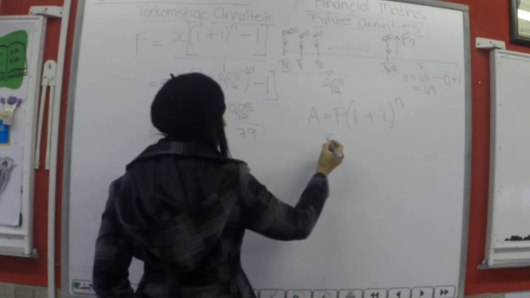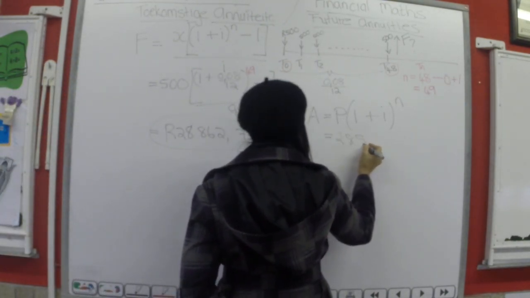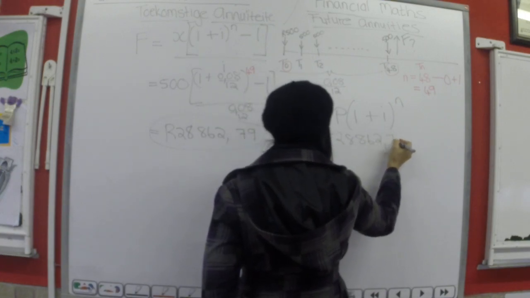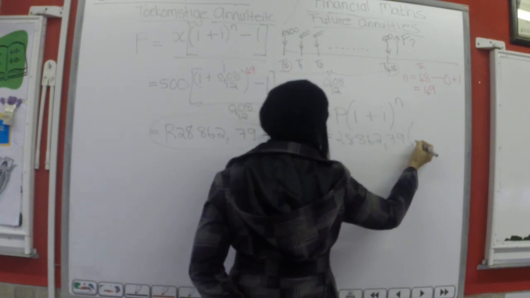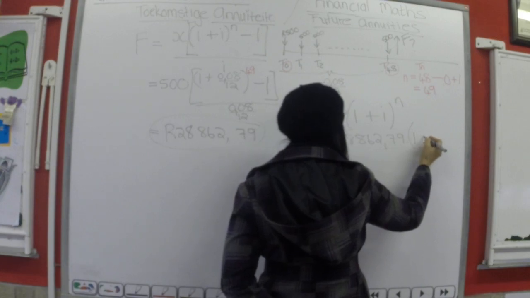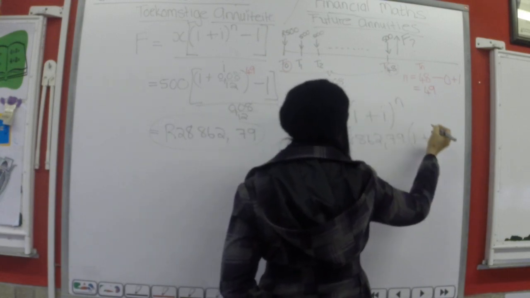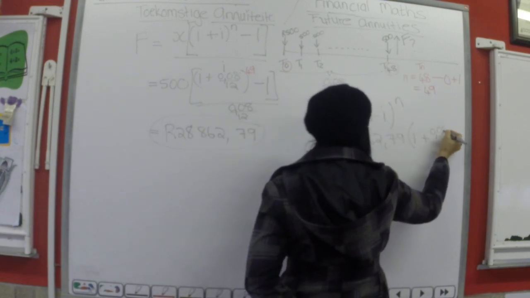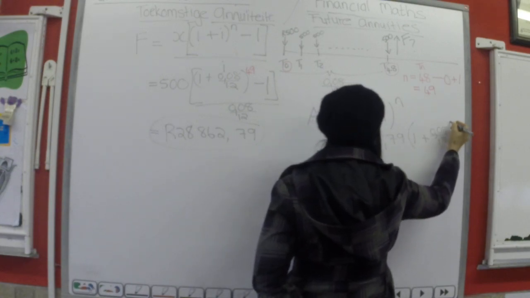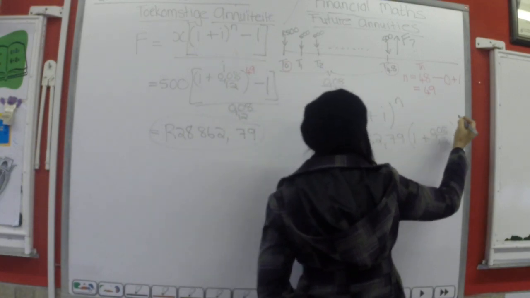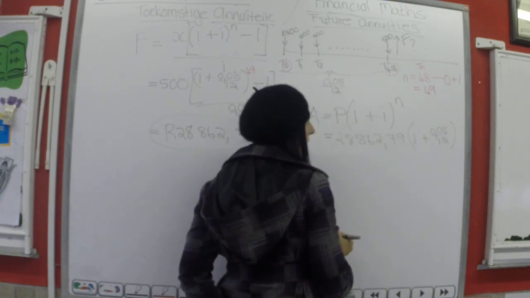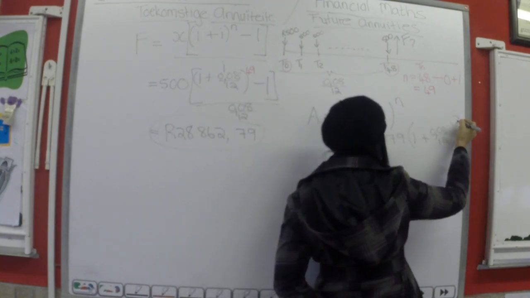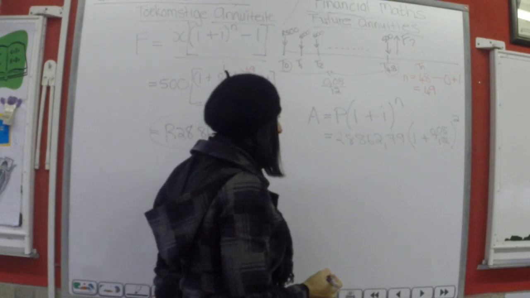Goed, so I'm paying 28,862.79 into a normal savings account at the same interest. En dit is vir 2 jaar, so it's 2 years. That's now n in years.